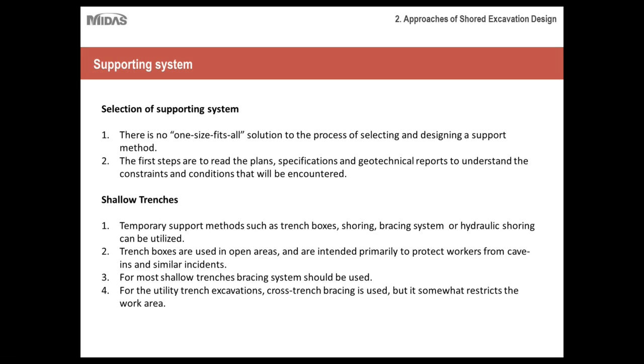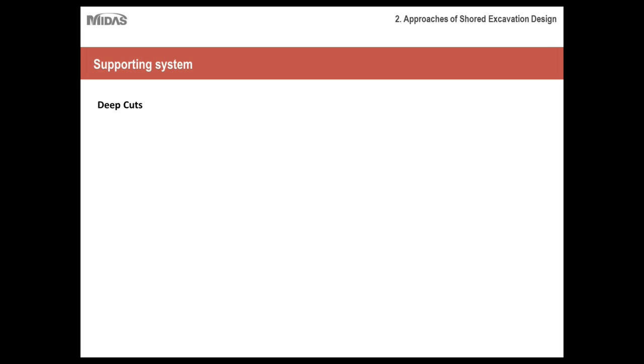So if the need is to get someone in the utility trench and work, it is recommended to go for box trench because safety is the most important thing. But if it is something that could be managed from outside the trench itself, then cross trench bracing is the next best option.